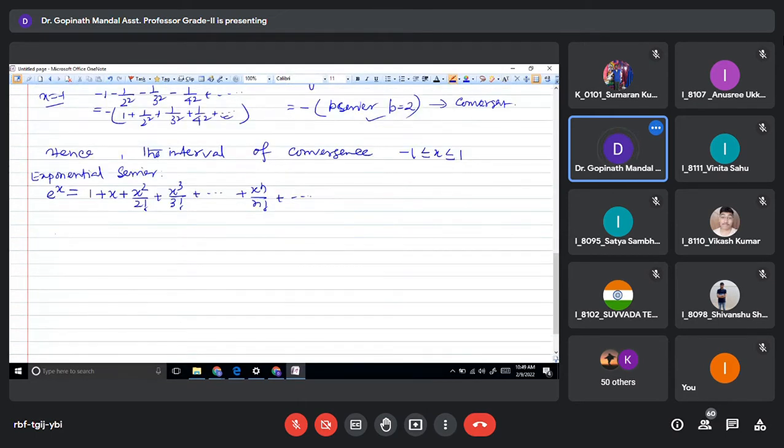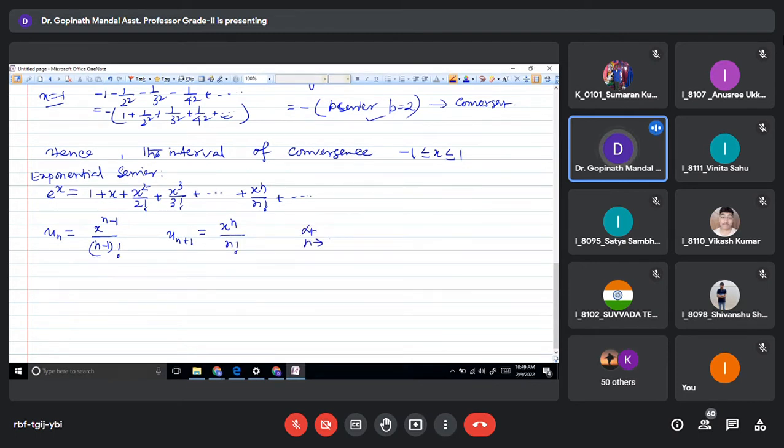Okay. Now we look at the convergence of the series. Here un is equal to x to the power n minus 1 by factorial n minus 1, and un plus 1 is equal to x to the power n by factorial n.